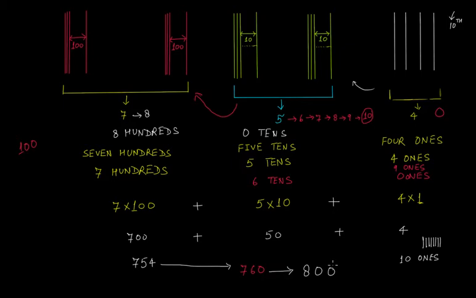I'm just trying to explain what we really mean by the place. It's a kind of revision of place value. So let's say we have this 800 as a number: 0 ones, 0 tens, 8 hundreds. Okay, we have such a number.